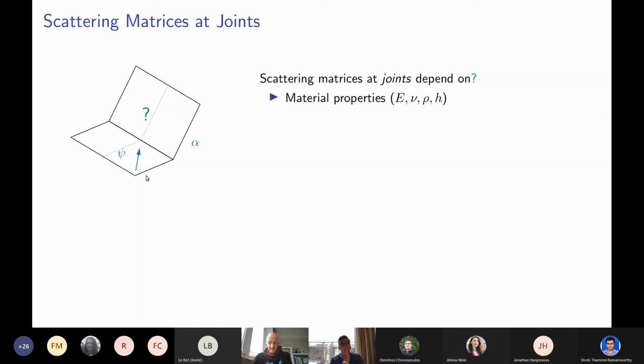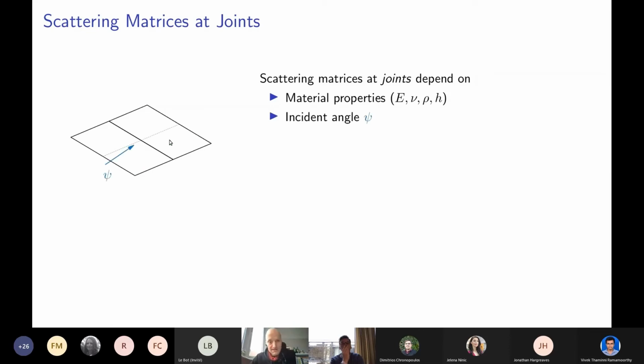Well, we will see that there's a certain amount of wave scattering coming into play, which depends on various quantities. First of all, the material properties: Young's modulus, Poisson ratio, density, thickness of the plates, but also on this angle alpha. To start with a simple example, let's consider our flat surface again, and let's assume we have a bending wave incident onto this interface between two plates.